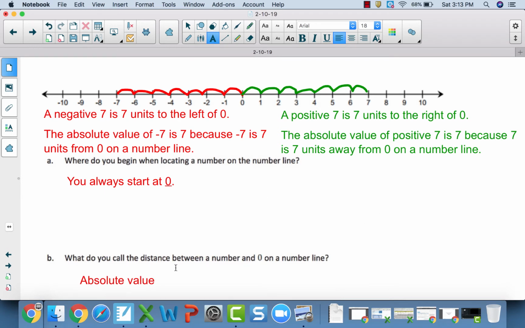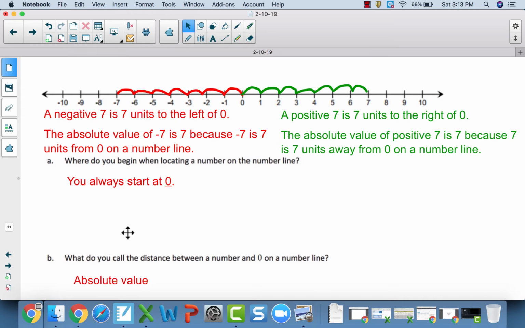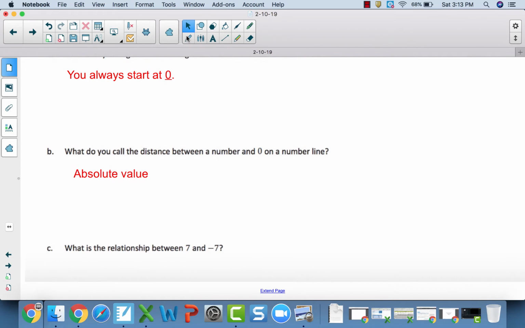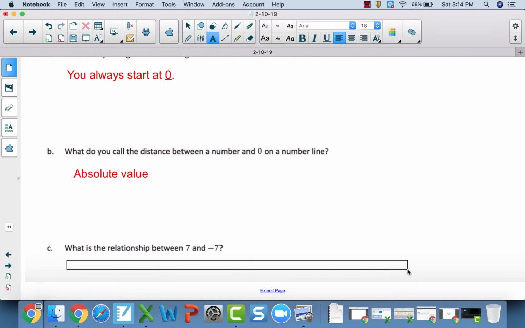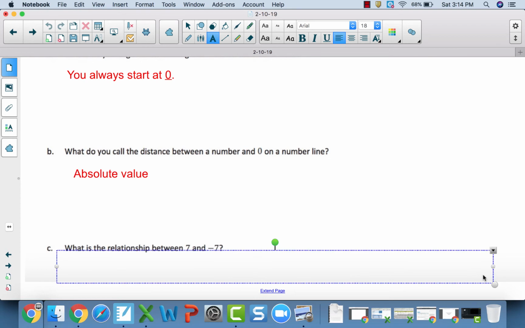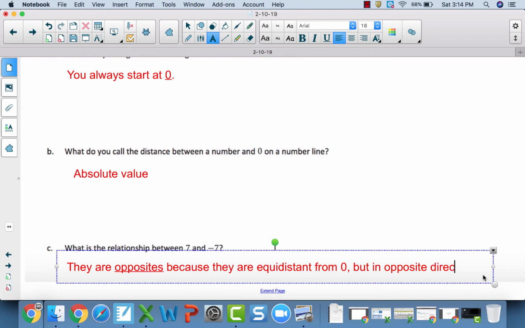Absolute value, keep in mind, is always positive because we're just talking about how far a number is from 0. And what is the relationship between 7 and -7? Think back to some 6th or 7th grade vocabulary. They are opposites, because they are equidistant from 0, but in opposite directions.